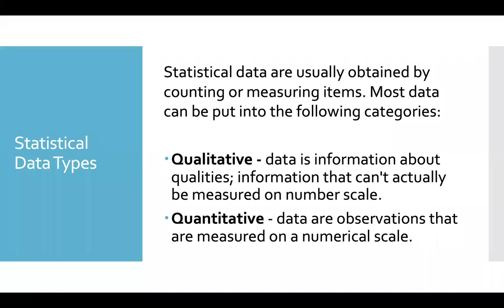Qualitative data is something which can talk about the quality. For example, I would say the red color Nano and white color Nano. So if I have a column which says the color of the car, if it says red, and the second one is saying white, and the third one is saying black, you cannot really convert them into numbers, and you cannot measure them on a numerical scale.